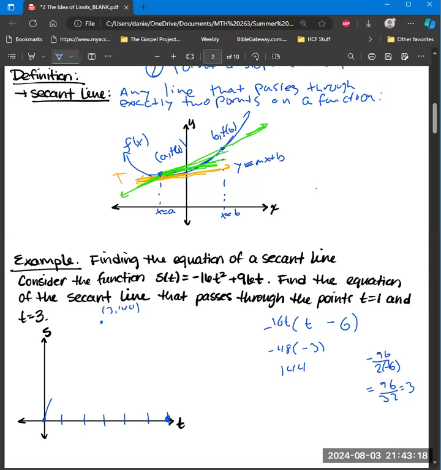So there's my vertex, and it's turning, going down there, should be symmetric. I may not have drawn it completely symmetric, but that's the idea there.